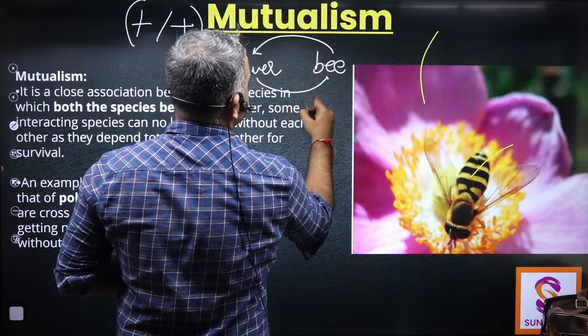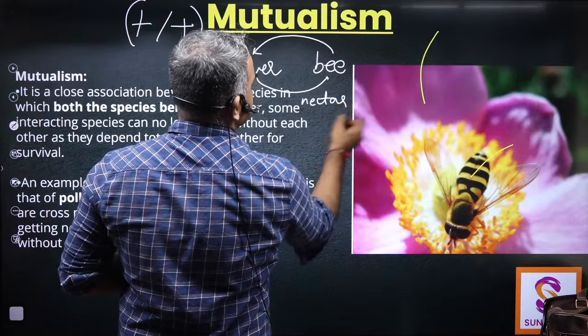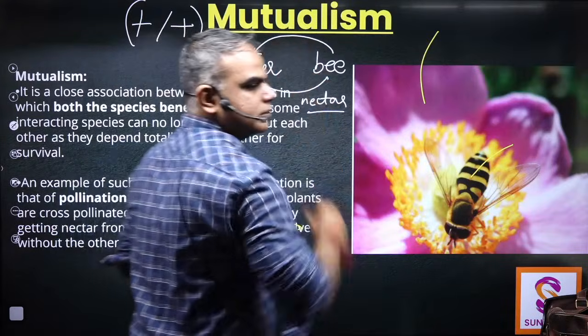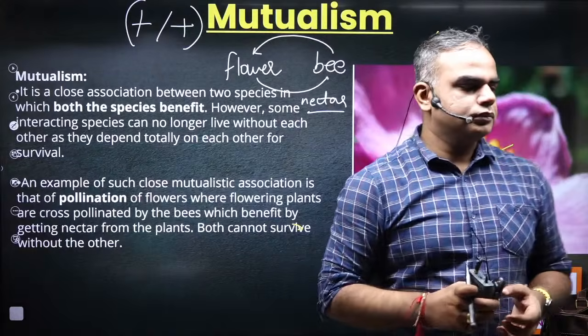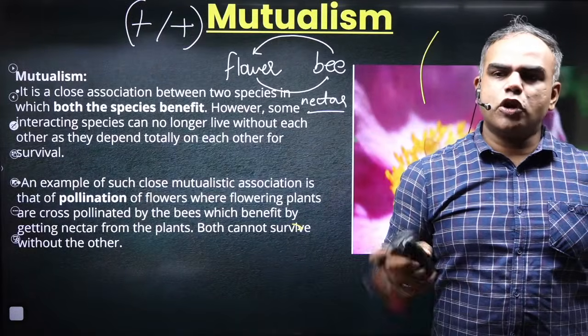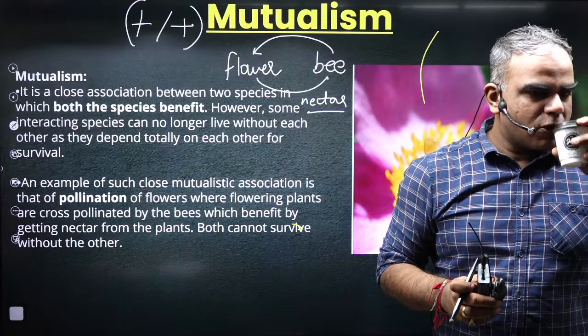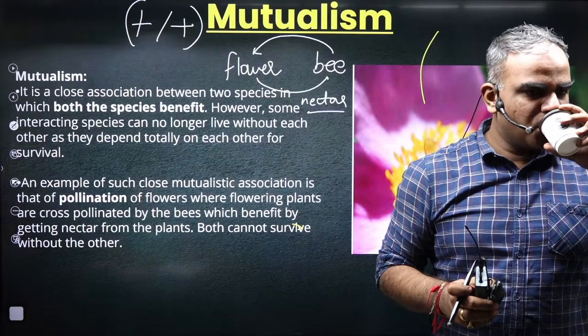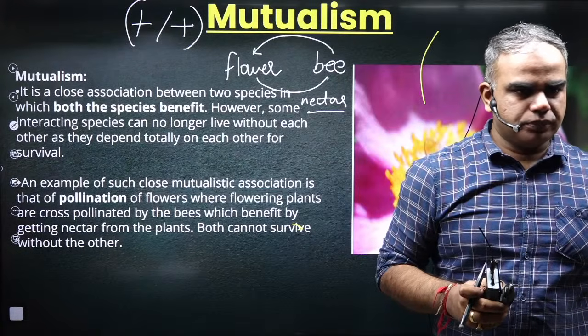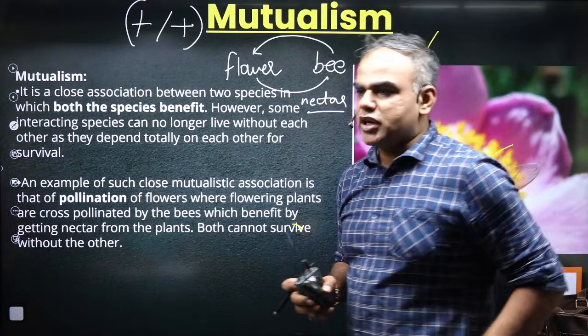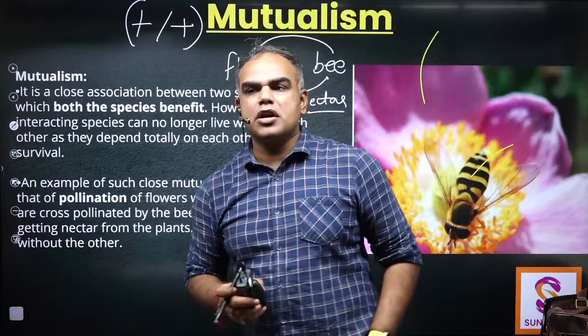So flower provides nectar, and from here pollen. So nectar and cross pollination. This is the first example, pollination. Yes or no?